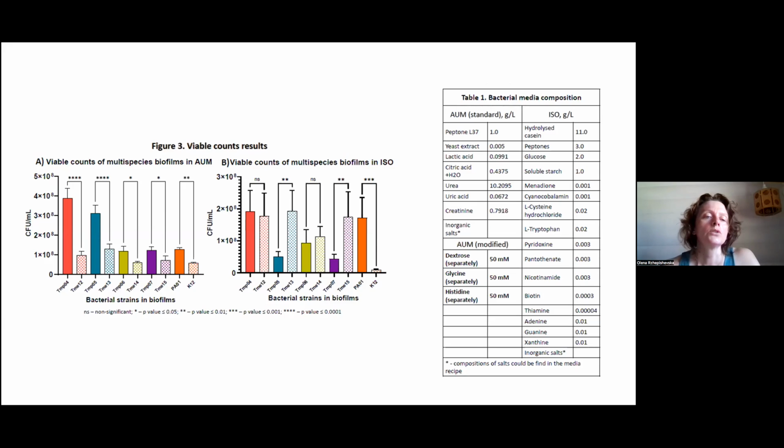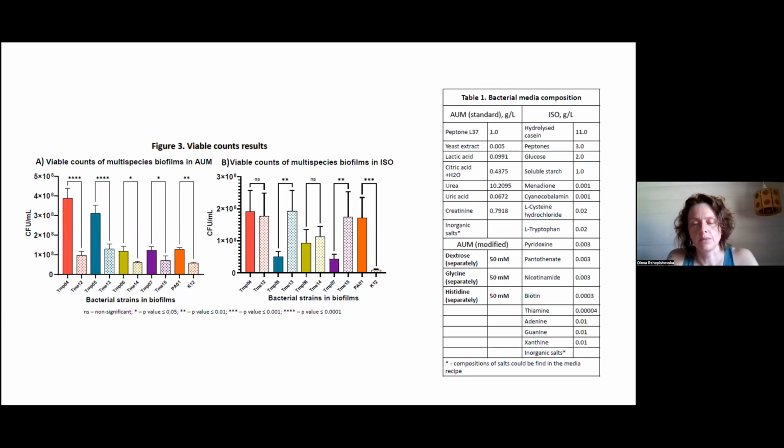For Pseudomonas, the preferred substrates are organic acids and amino acids too. But for Escherichia, it is glucose. So we suspected glucose plays a role here. So we prepared this other, modified media where glucose was added.